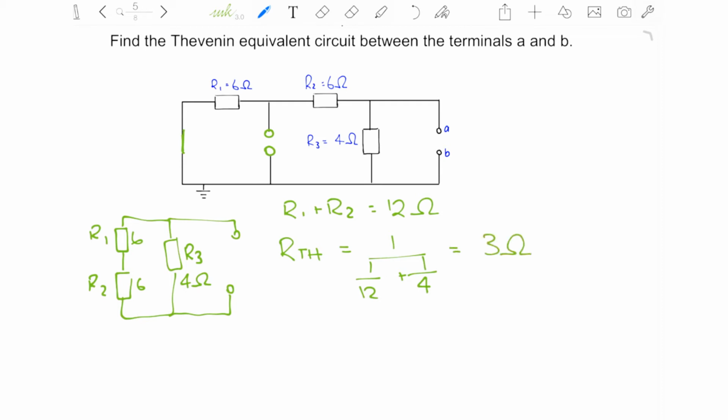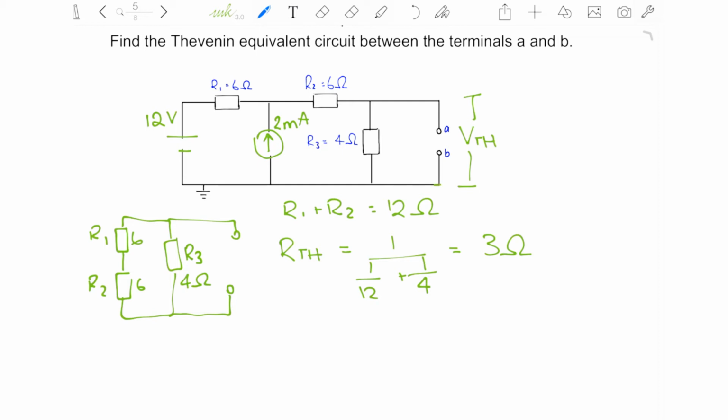Once that has been calculated, you can then put back in your voltage source and your current source. So I will just draw these back in. As you can see, we're going to have to use nodal analysis to calculate the Thevenin voltage at these points.